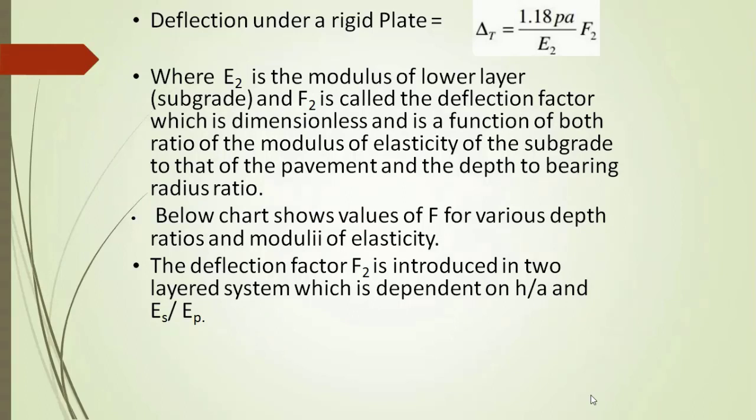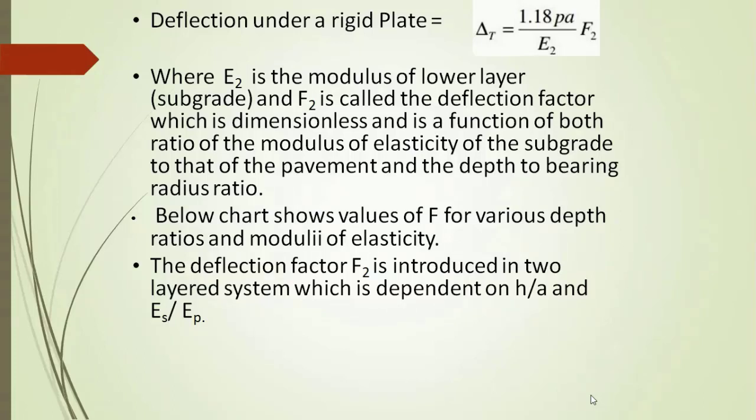So here E2 is the modulus of the lower layer, that is the subgrade. F2 is called the deflection factor, which is dimensionless, and it is a function of both the ratio of modulus of elasticity of the subgrade to that of the pavement and the depth to bearing radius ratio.